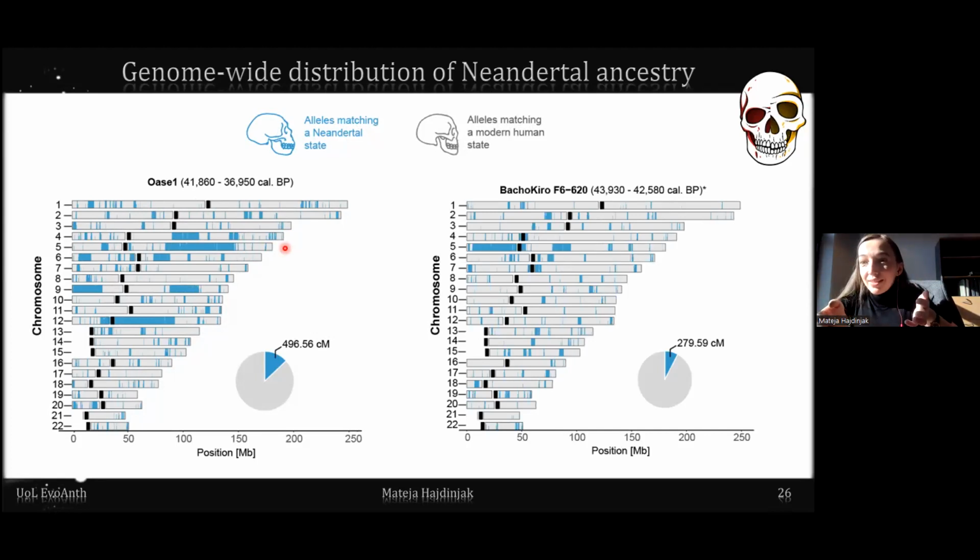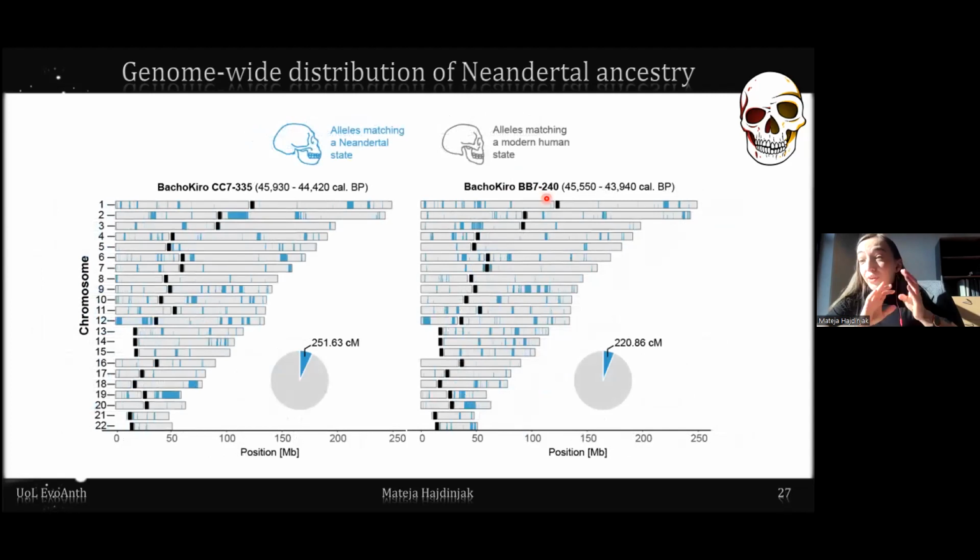So what are the chances that we find it again in the modern humans in Europe that actually overlapped in time and space with Neanderthals? And we did not only find this in one, but actually in all three, or indeed 4 individuals of the initial Upper Paleolithic from Bacho Kiro cave.